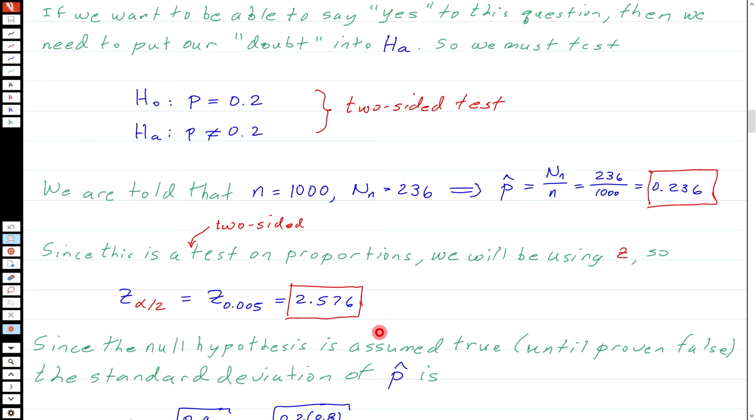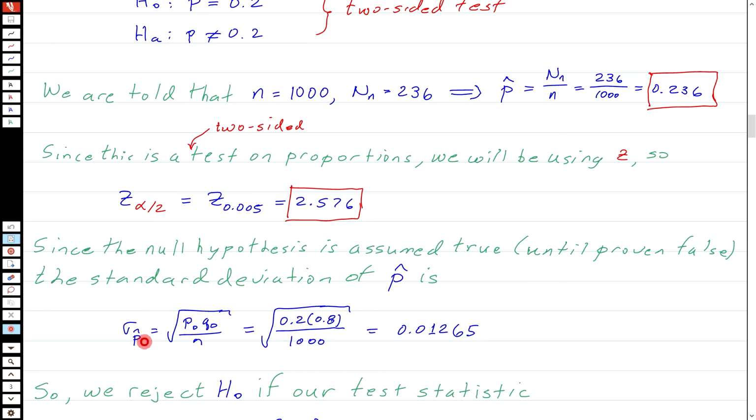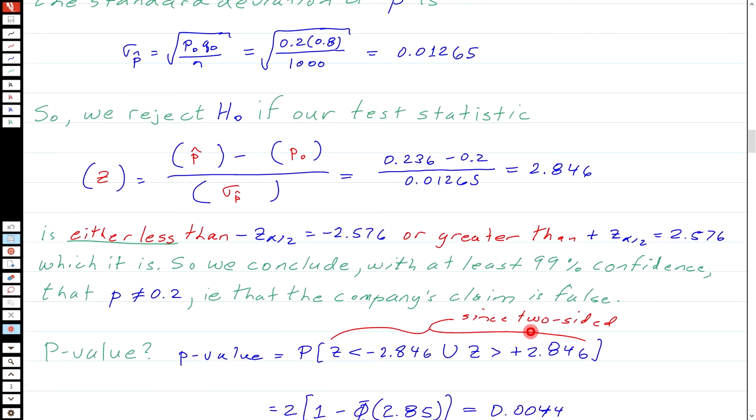Since the null hypothesis is assumed true until proven false, the standard deviation of p hat is obtained by assuming that the true proportion is 0.2. So my sigma p hat is the square root of p naught q naught over n, which is 0.2 times 0.8 divided by 1,000, and the square root of that whole thing gives me 0.01265. So our sentence, as usual, proceeds as follows.